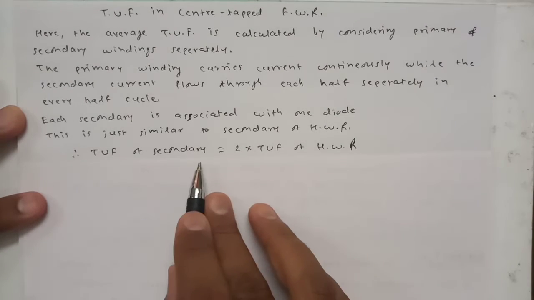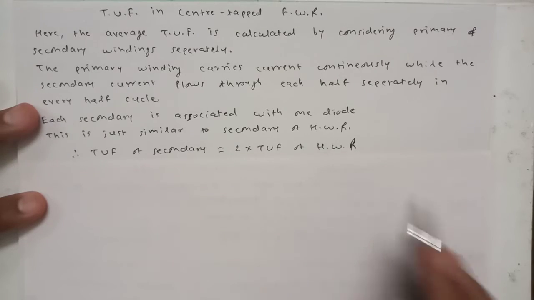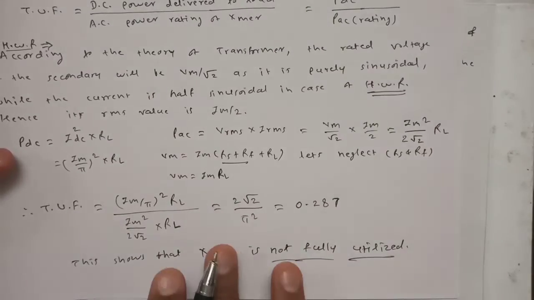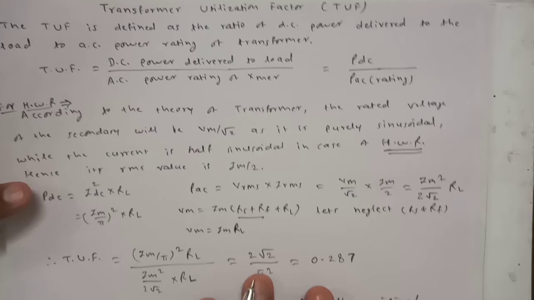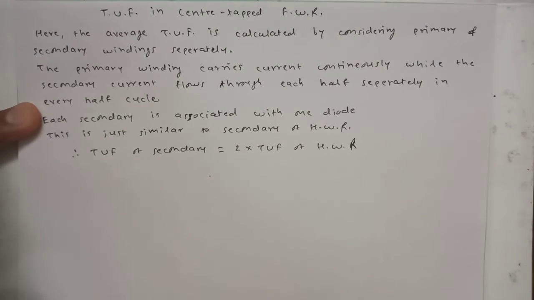So for secondary, the TUF of secondary is twice the TUF of half wave rectifier. If you remember, we calculated the TUF of the half wave rectifier earlier, just before this lecture, and we got this value. You can go through the video once again if you want.